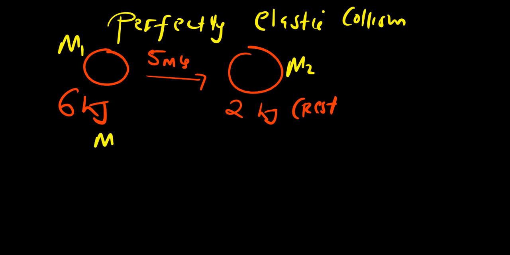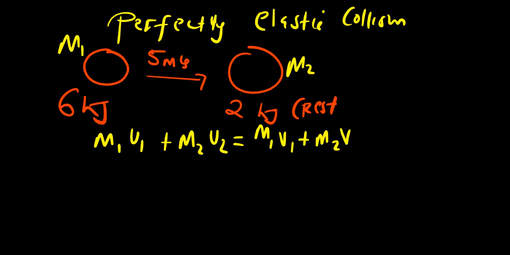We are saying m1u1 plus m2u2 is equals to m1v1 plus m2v2. So we're just going to replace it directly in the equation for momentum. This is how we solve elastic collision questions. Let's say the initial was 5 plus 2, the final 0, for the second ball, because it was at rest.